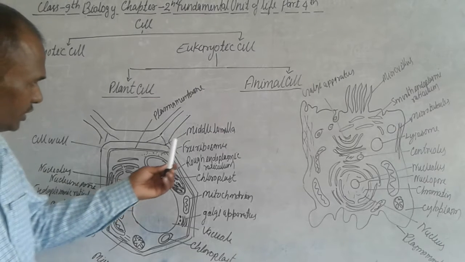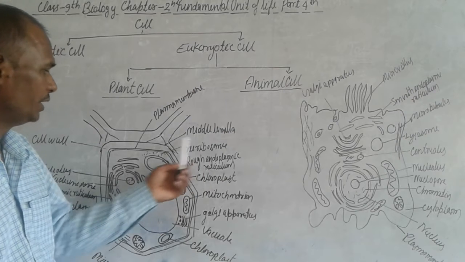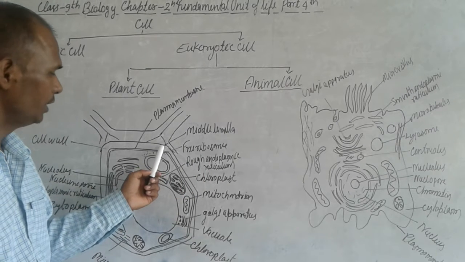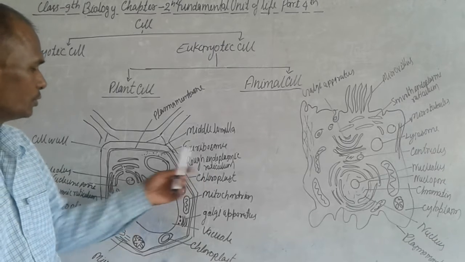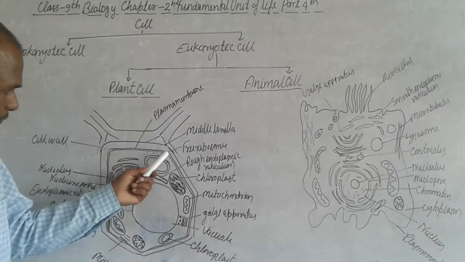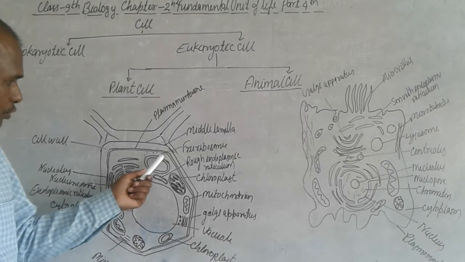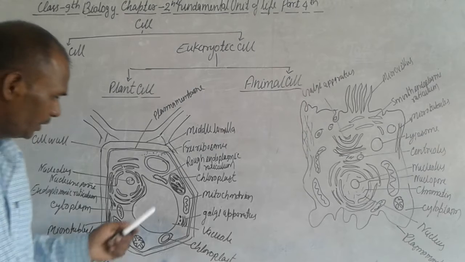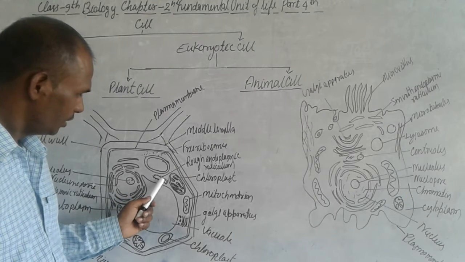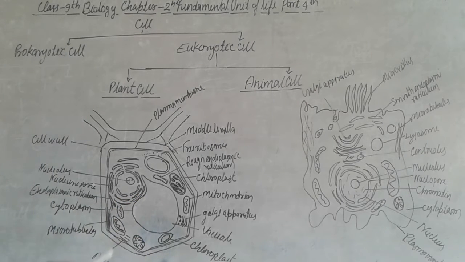And you can see here, this is the middle lamella. There are some dot-like structures showing here. These are the free ribosomes, and this is the endoplasmic reticulum.